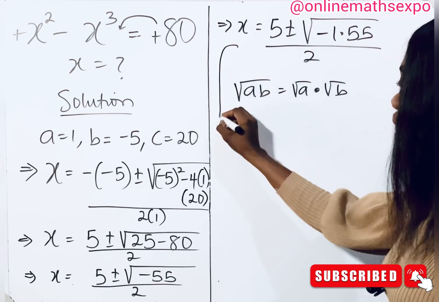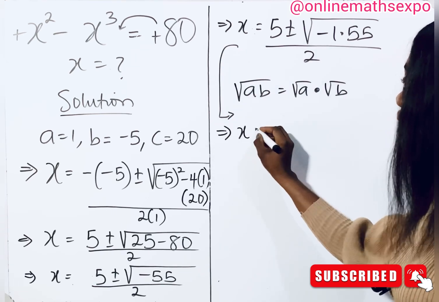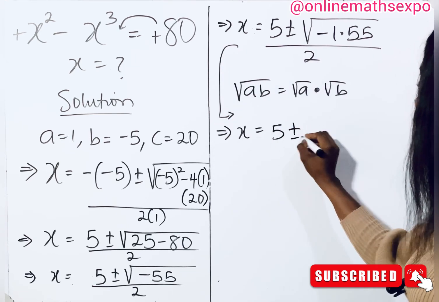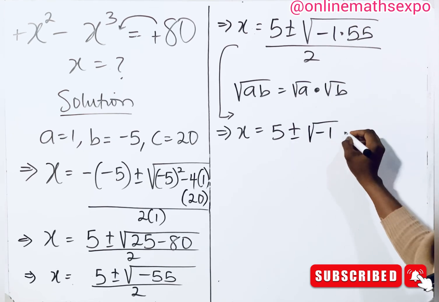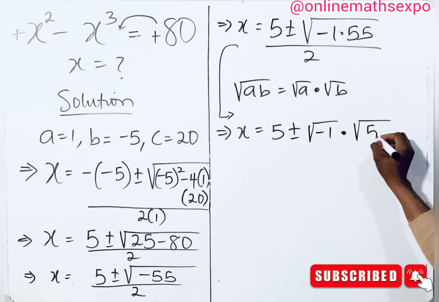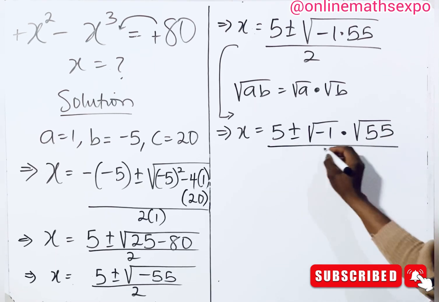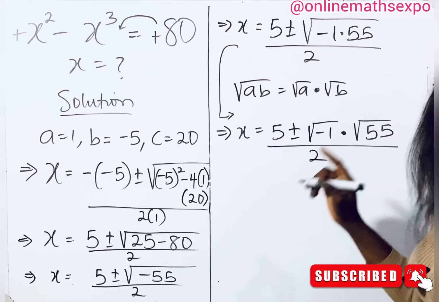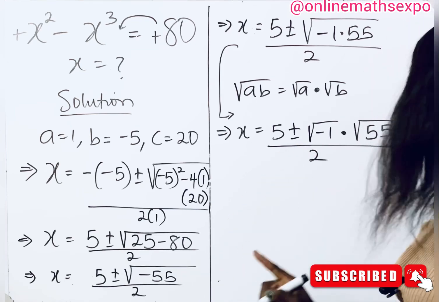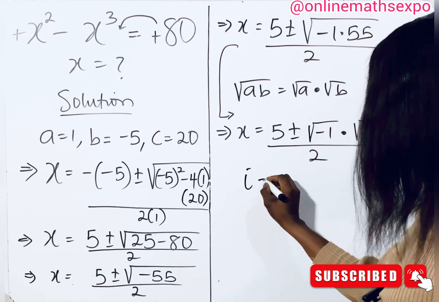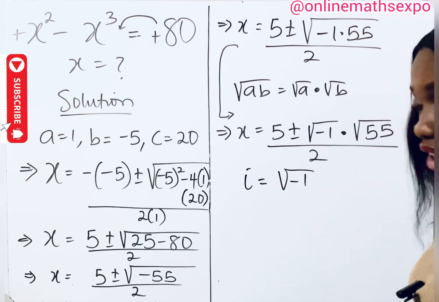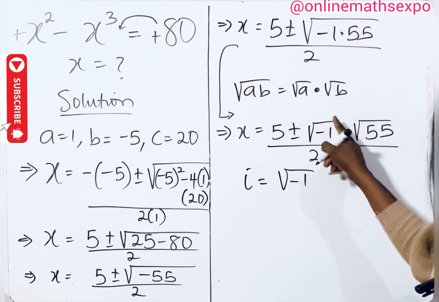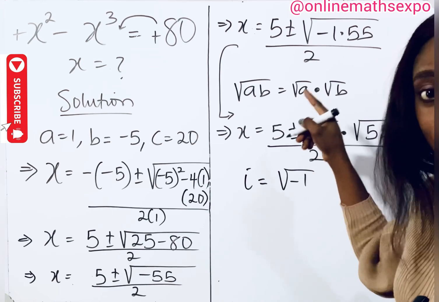Now from here, we have it that x is equal to 5 plus or minus, using this rule here, root of -1 multiplying root of 55 all over 2. Now, we use an imaginary unit to replace this. In that case, our i, which is an imaginary unit, is written as square root of -1. Remember we said that this is leading us to a complex result.